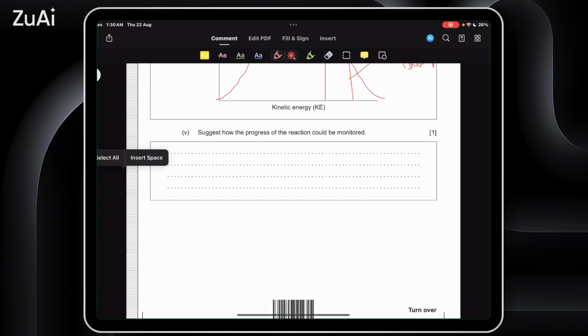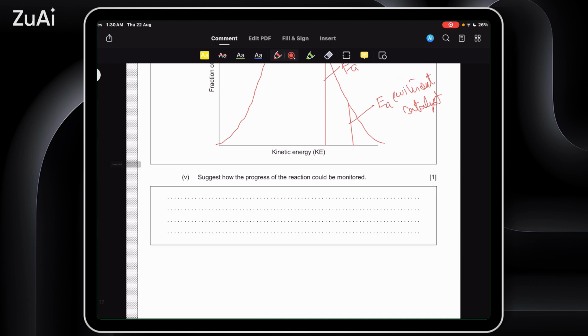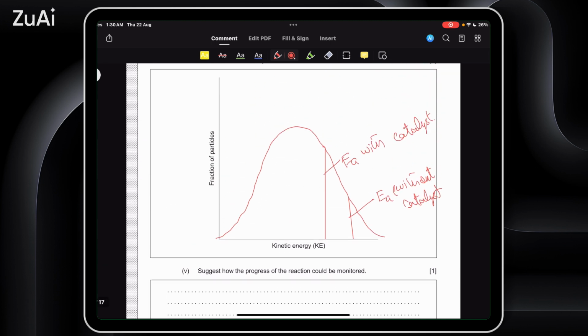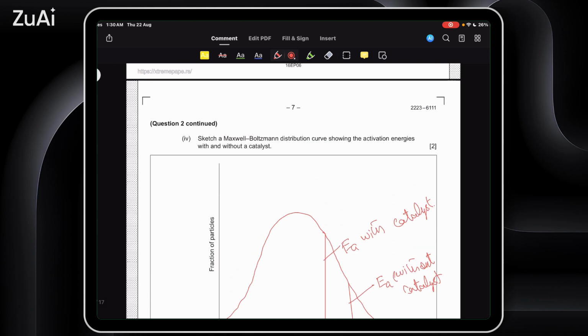Suggest how the progress of the reaction could be monitored. So the progress of the reaction could be monitored by the change in volume.